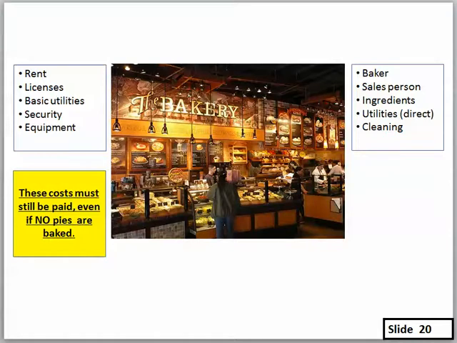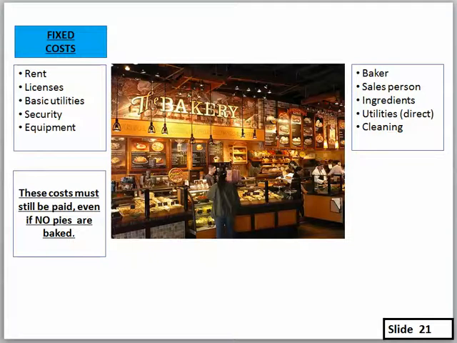We still have to pay those costs. They exist regardless of how many pies we choose to make. And again, for simplicity's sake, I'm saying our bakery is only making pies. So we call these costs that don't change based on the quantity produced fixed costs.